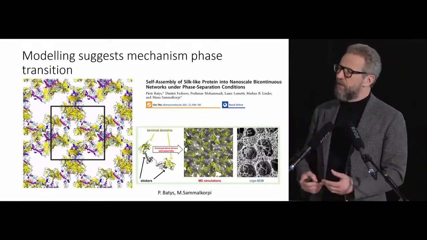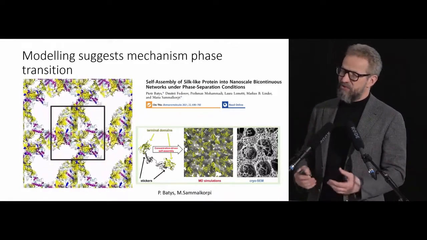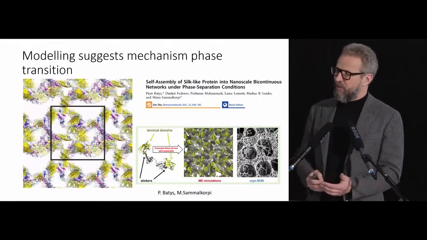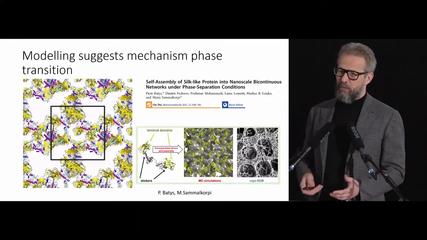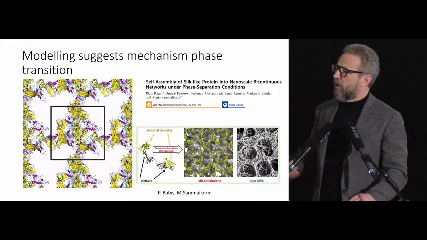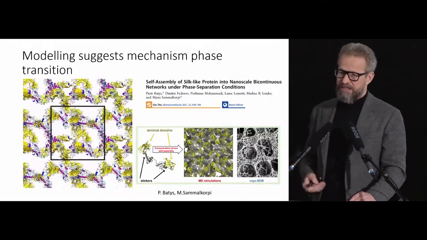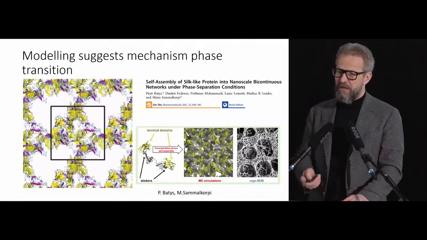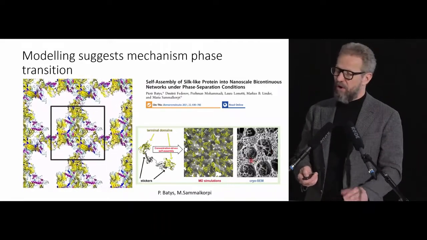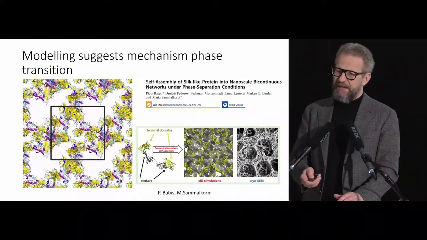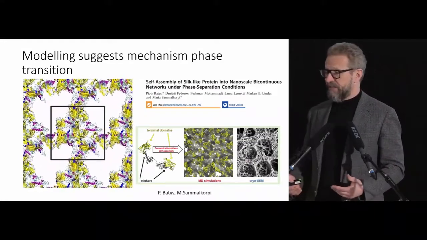These hydrophobic units that I was talking about, these alanine stretches, have a weak interaction with each other, and they will stick to each other. So it forms a network, which you can then also see by cryo-SEM. This is an actual cryo-SEM image of a fractured droplet, and the computer simulation suggests something similar.